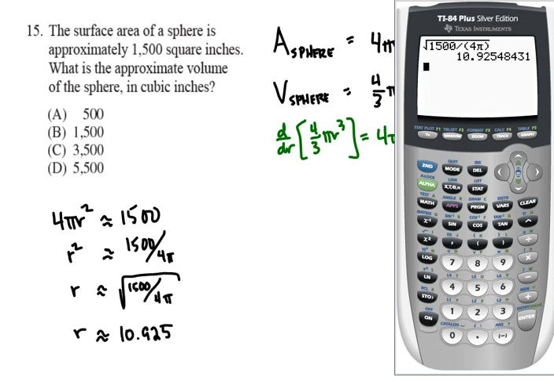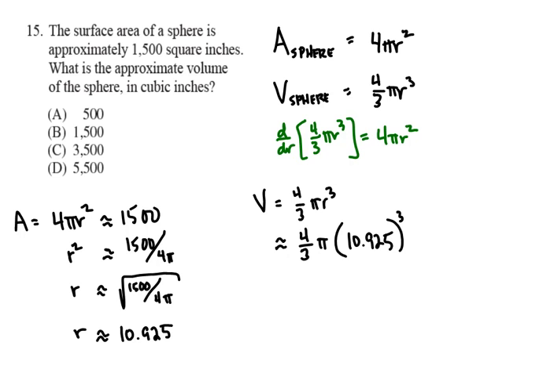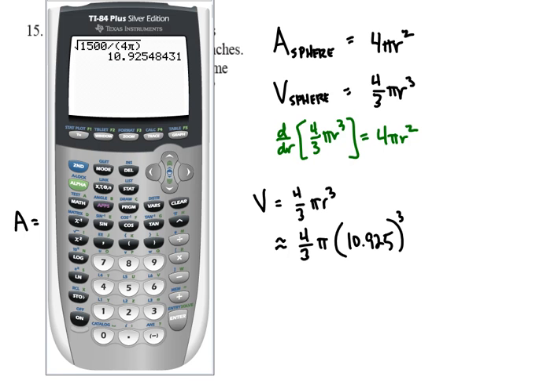And at this point we'll begin to work on the volume of the sphere, knowing the radius. And so we just plug in 10.925 for r, and once again let's see how we would do this on the calculator. So when the 10.925 is the most recent value, it's stored in the memory in the answer function.